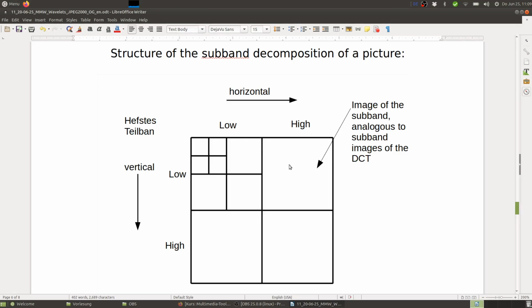And here we have the subband images which have unequal, non-uniform size. You can see here the high frequencies have a size which has edges of 1/2 of the original. Here, these are the subband images analogous to the subband images of the DCT, but here they have just half the size horizontally and vertically. And when we go towards lower frequencies, here in the upper left hand corner, this would be DC.